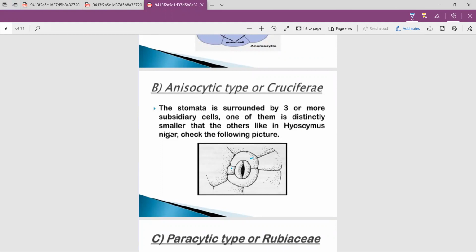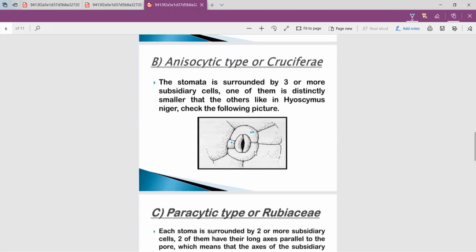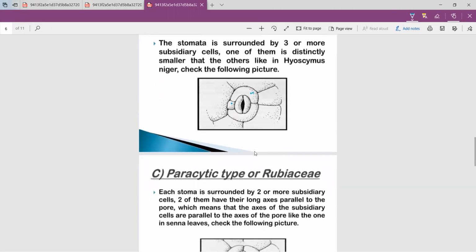One of them is distinctly smaller than the others, like in hyoscyamus niger. So this is anisocytic type. The guard cells are surrounded by 3 subsidiary cells, 2 are larger and 1 is a smaller cell.